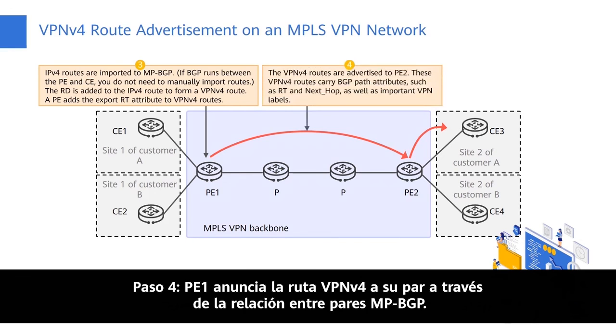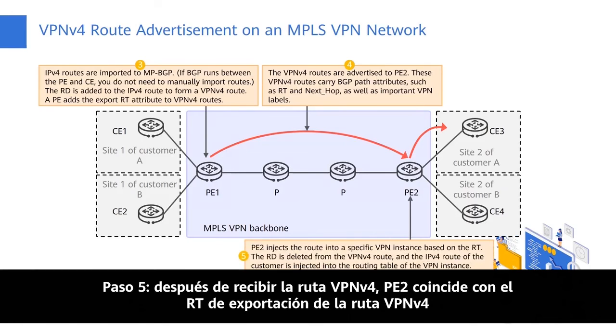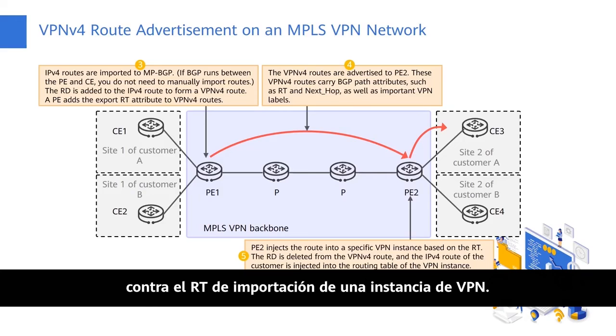Step 4. PE1 advertises the VPN v4 route to its peer through the MP-BGP peer relationship. Step 5. After receiving the VPN v4 route, PE2 matches the export RT of the VPN v4 route against the import RT of a VPN instance.